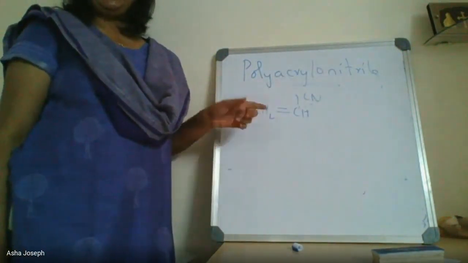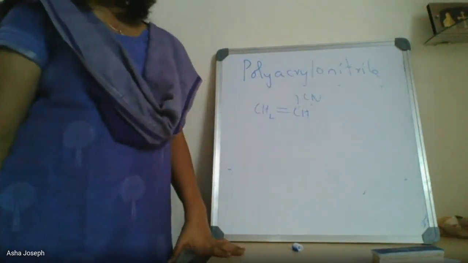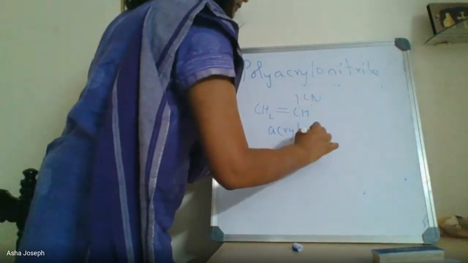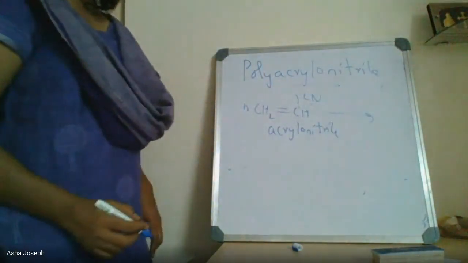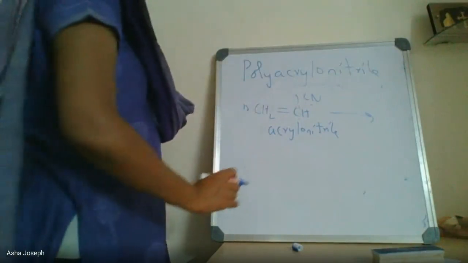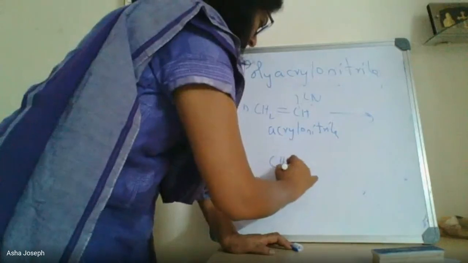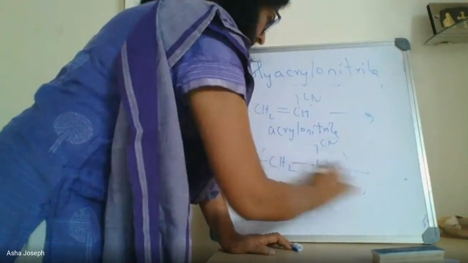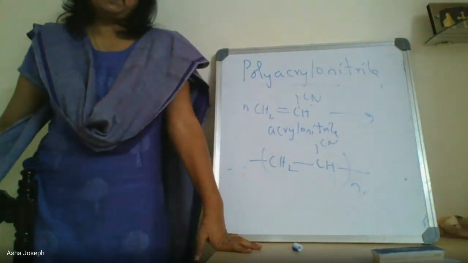Both are from ethene. Ethene is CH2=CH2. One H is replaced by CN. This is acrylonitrile. n times acrylonitrile. So how to write the polymer? I put the CH up, and I will remove the double bond, CH and CN, n times. This is how we write the polymers. Clear?